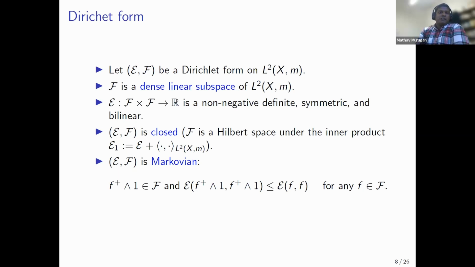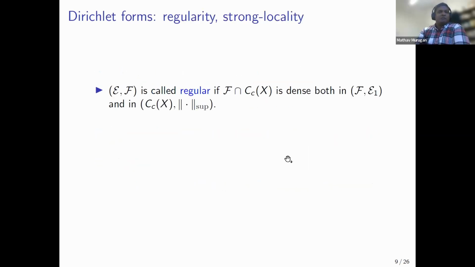Okay, so why is this theory useful? Well, it's because of a theorem of Fukushima, but in order to state that theorem, I also need one more definition. It's just the notion of regularity. This is again a standard property of Sobolev spaces, but here we are in an abstract setting.